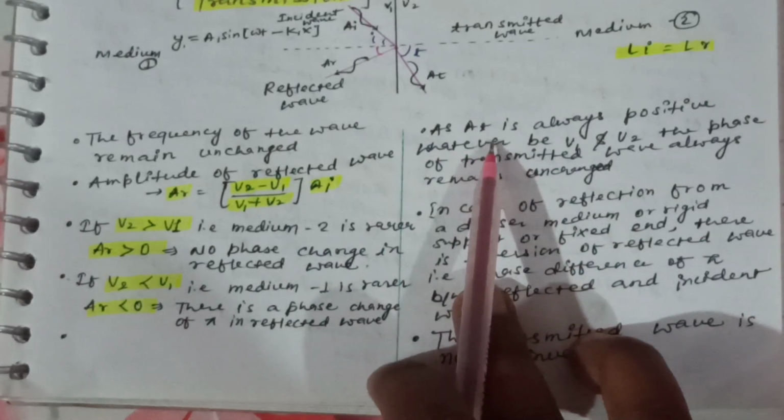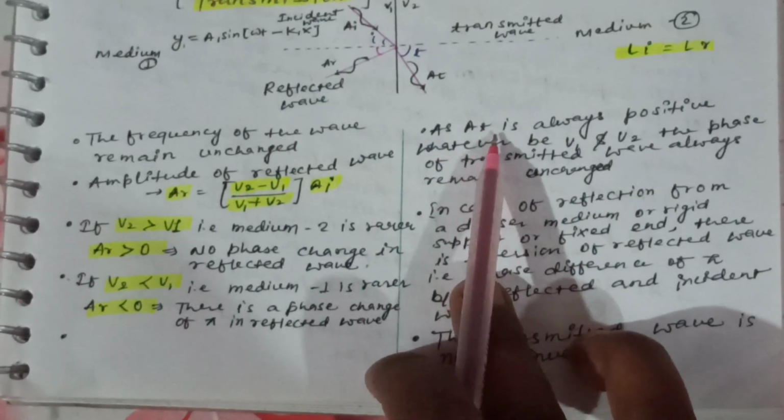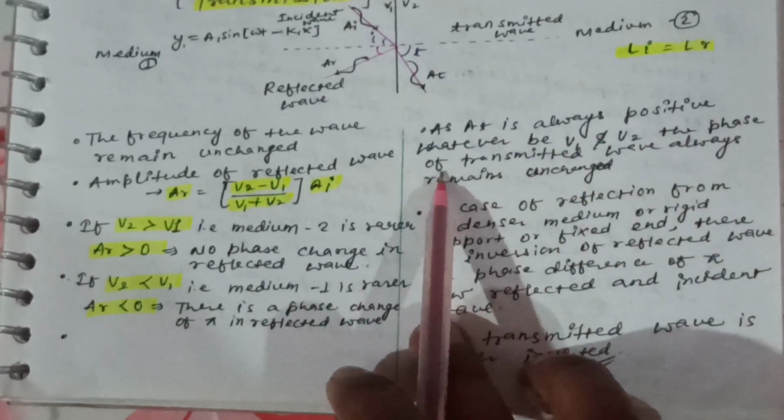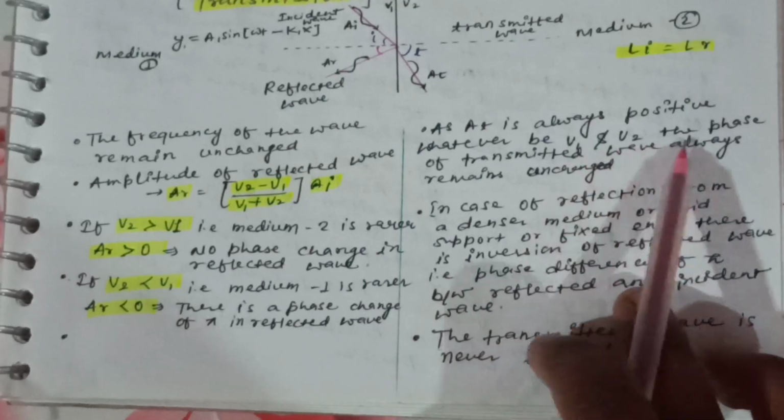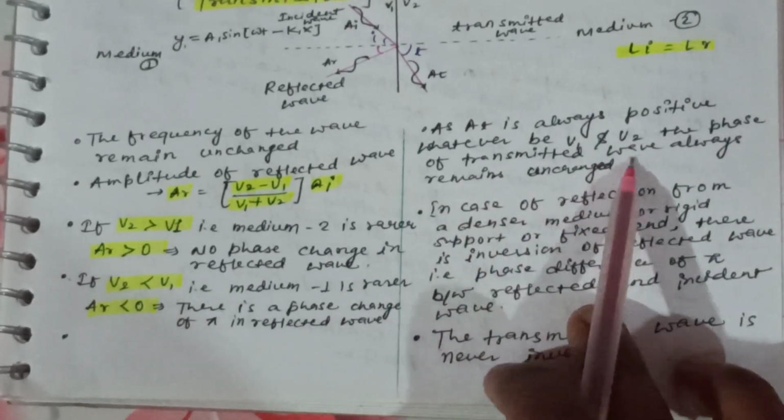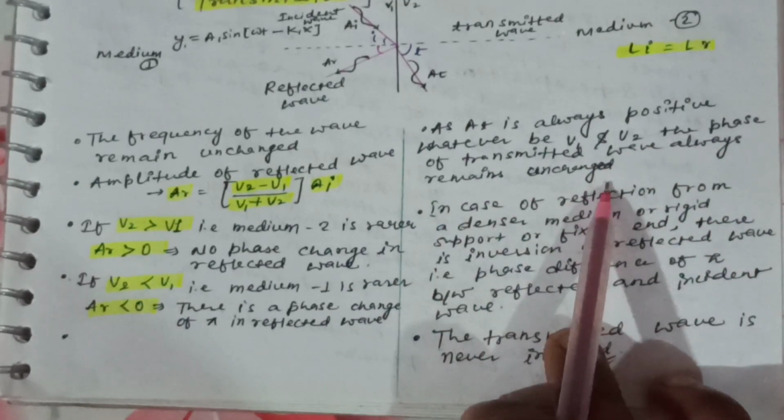As AT is always positive, whatever be V1, V2, the phase of transmitted wave always remains unchanged.